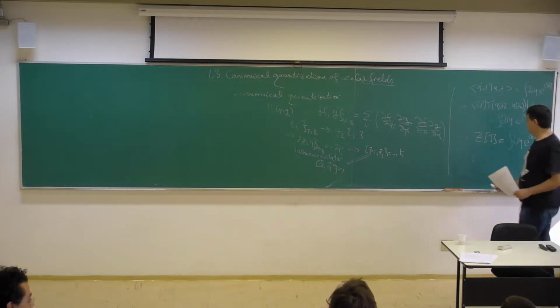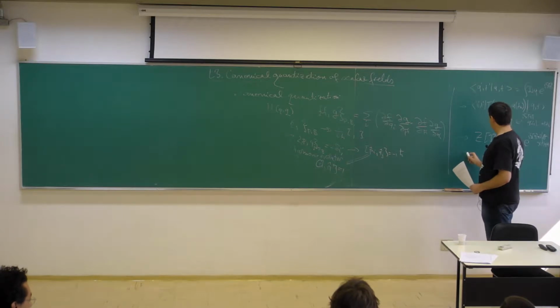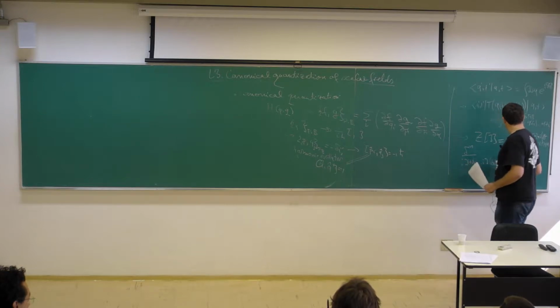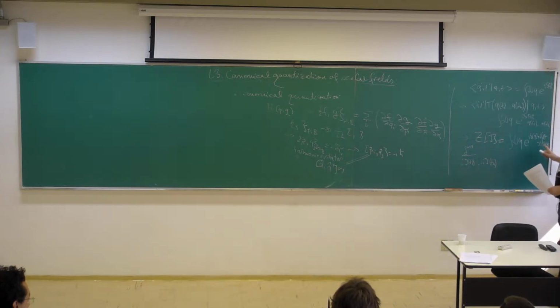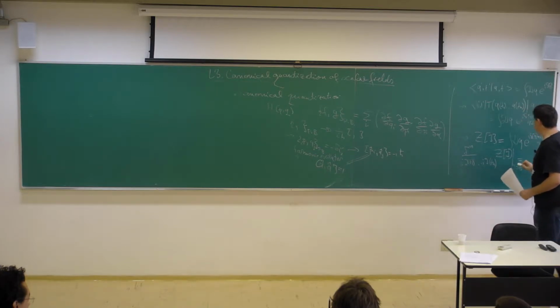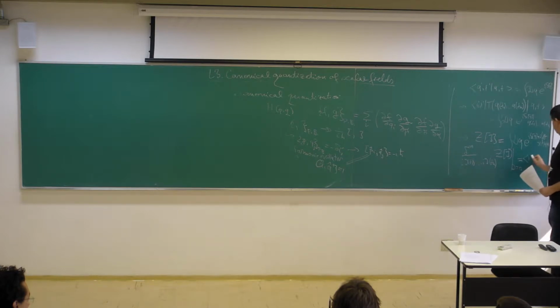And then we've seen that by taking differentiations with respect to i J of t, and then putting J equal to 0, we get these n-point functions.